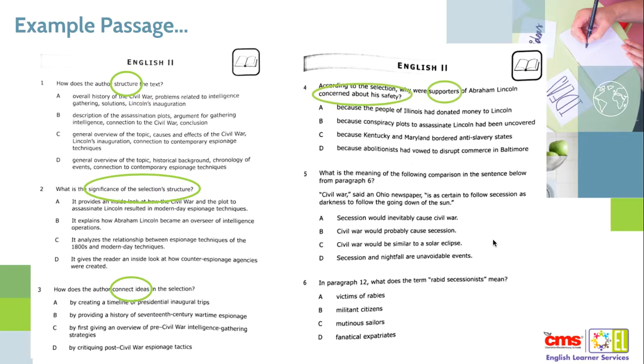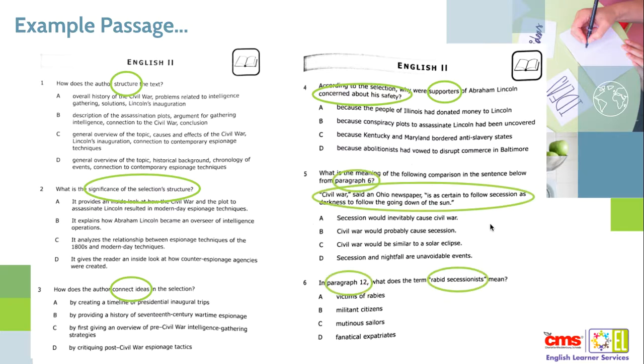I want my kids to know that there's going to be a question about the supporters of Abraham Lincoln and why they were concerned about his safety. For most kids, that's probably a question they can answer without even reading the text. But for our ELs, who perhaps don't even know who Abraham Lincoln is, much less what happened to him, that is something they really need to know is coming up.